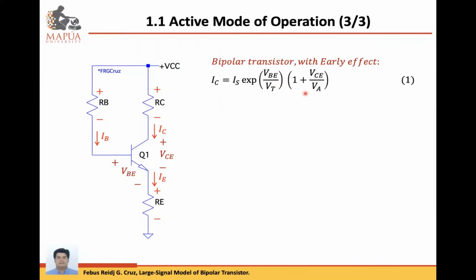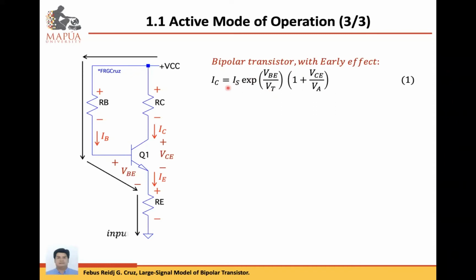So in this equation 1, we will now have three unknowns. We need to determine collector current, base emitter voltage, as well as the collector emitter voltage. So we will be needing three equations to determine the three unknowns, with the assumption that IS, thermal voltage, and the early voltage are given in the problem, in the circuit.